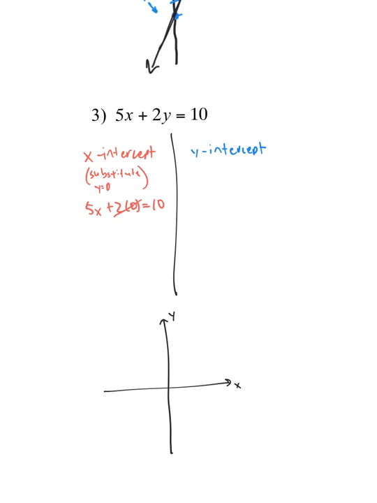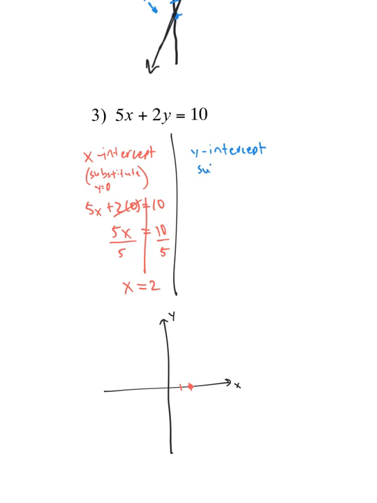Okay? So we've got 5x equals 10. Okay, so getting x by itself, we're dividing by 5. Guys, 10 divided by 5 works out a little nicer than that first one. Not a decimal here. 10 divided by 5 is just 2. So our x-intercept, where it crosses our x-axis, is at 2. Okay.